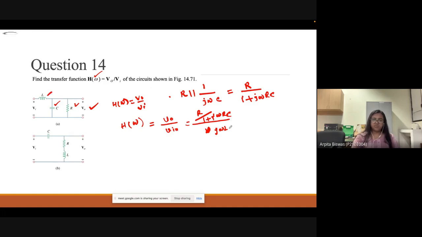Okay, plus this is L, R by 1 plus j omega RC.